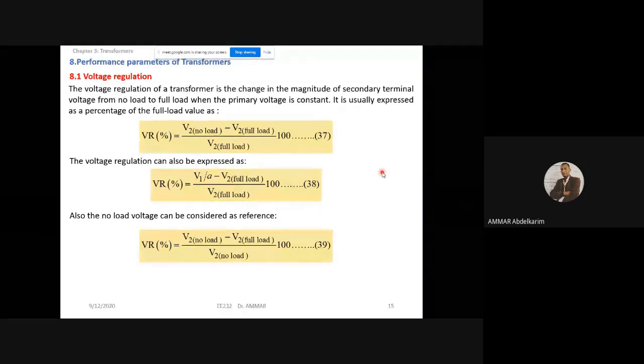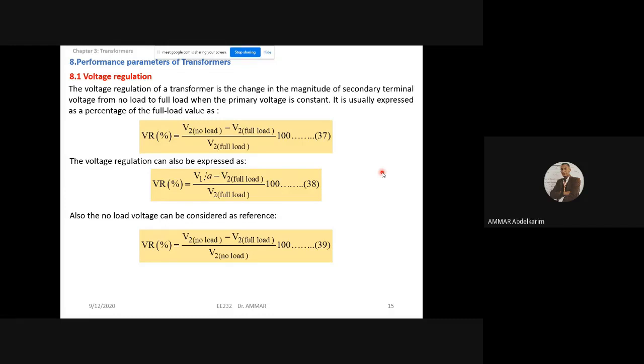So this voltage regulation can be calculated as a value between 0 and 1, and can be calculated also as a percentage. What is the meaning of this voltage regulation? It is when we connect a load to the terminals of the secondary of the transformer, and we observe the change of the voltage.